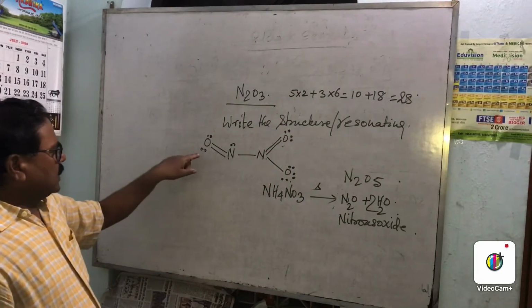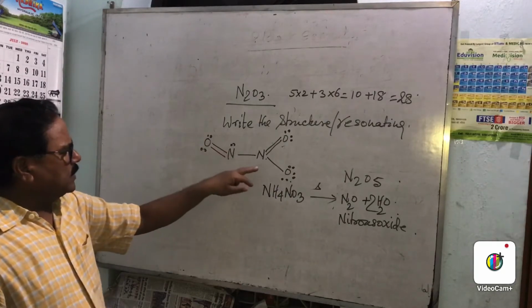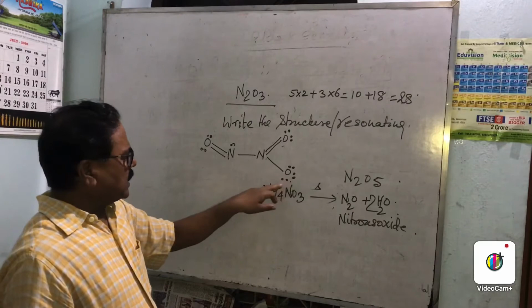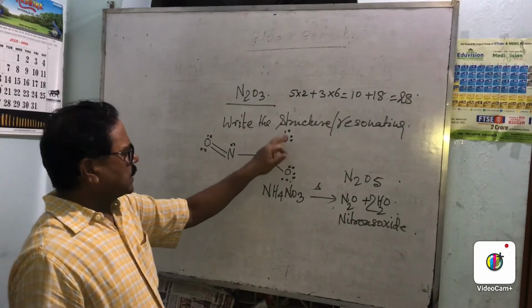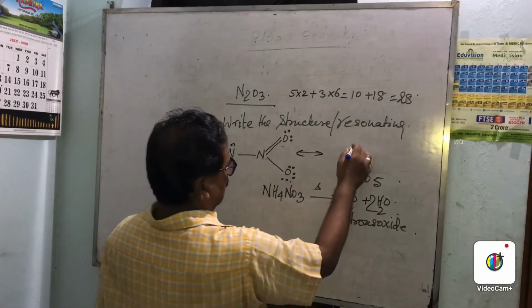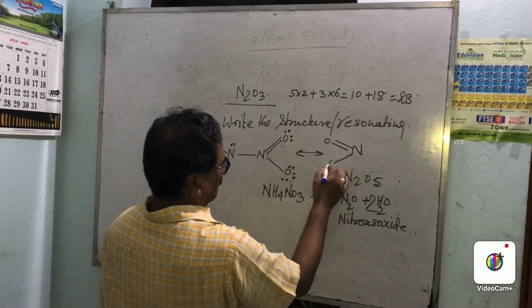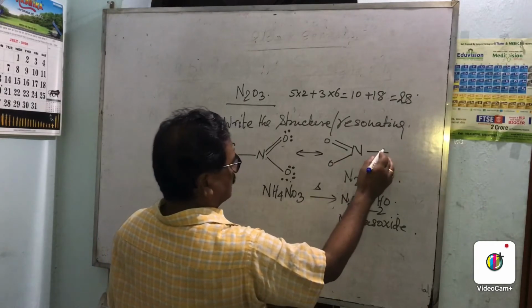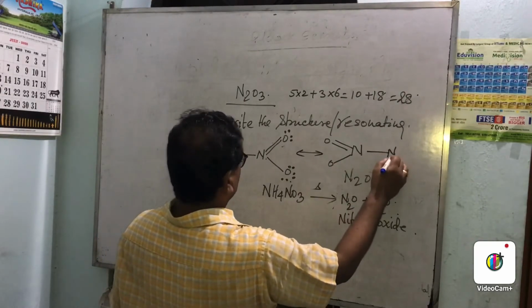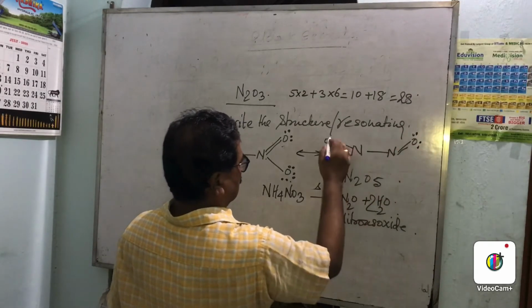Whenever we write the resonating structure, we write it in another way: this one comes here, this is N, and this O is on this side. This is the resonating structure.